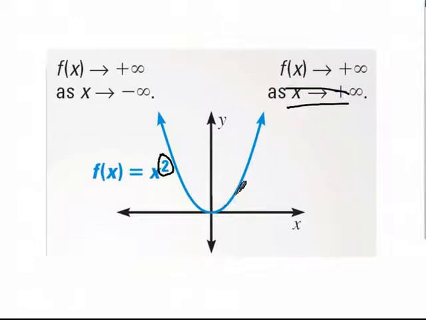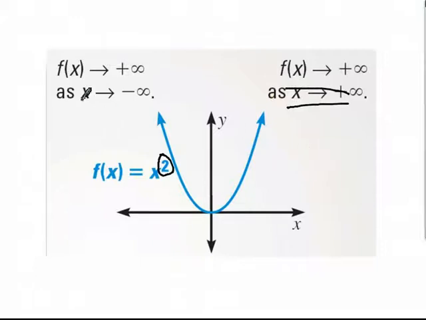So take a look at the graph. As we move to the right, our curve is going up and up and up forever. So it continues to move in the positive direction as x moves in the positive direction, just like an odd function.